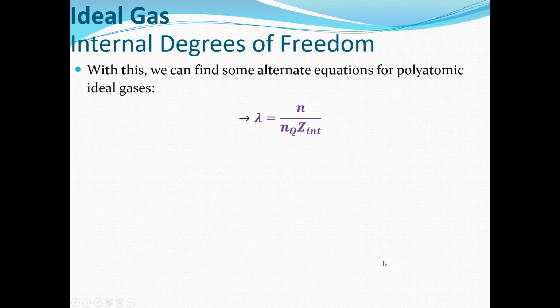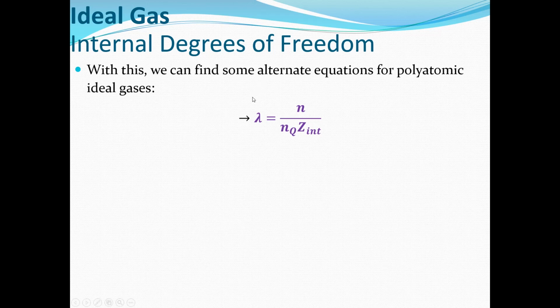Now, what we can do is go back to some of the other equations, and take our new equation for the occupancy and the grand partition function, and basically get all the other equations, but this time for polyatomic of higher orders.